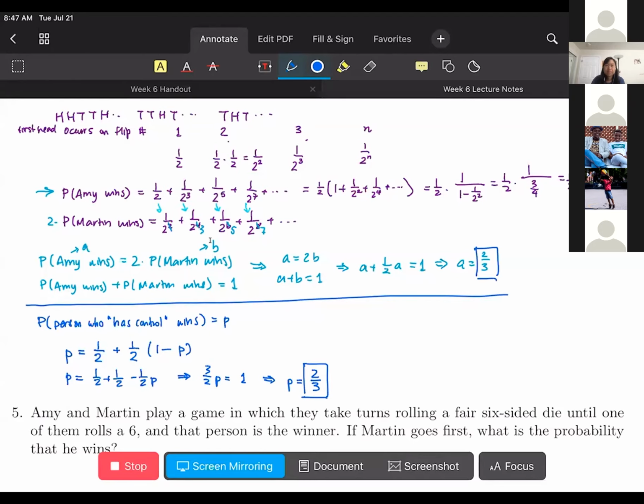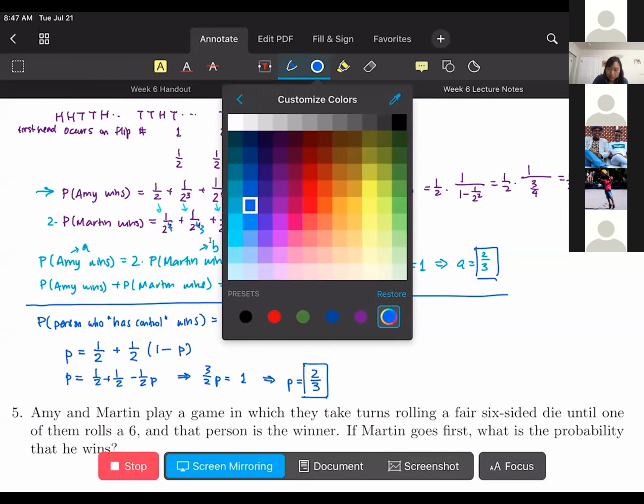Could there be a case where Amy flips the coin once and gets heads, and Martin doesn't get a chance to flip the coin? Yeah, good question. So that's captured in this term right here.